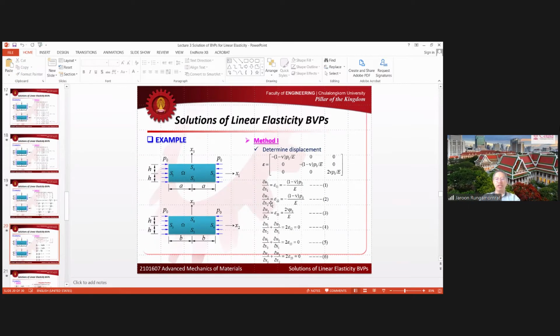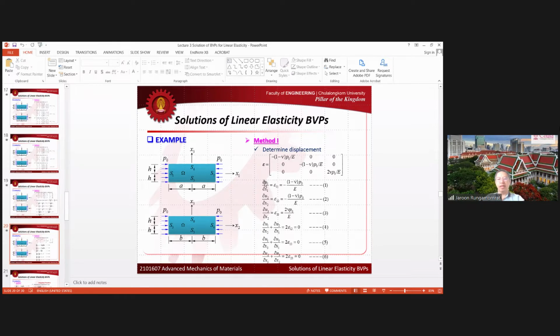For the displacement field, it's a little bit more challenging to get from the strain-displacement relationship, because you cannot just simply plug in. You need to perform the integration to get U1, U2, U3.